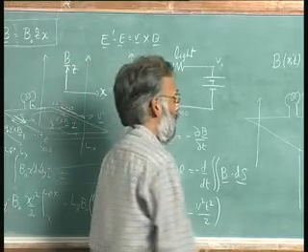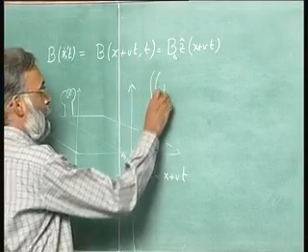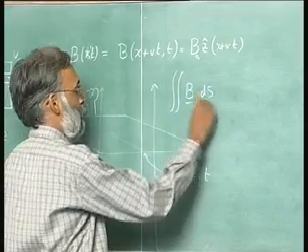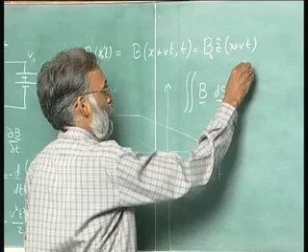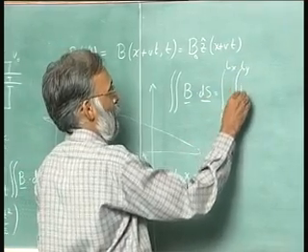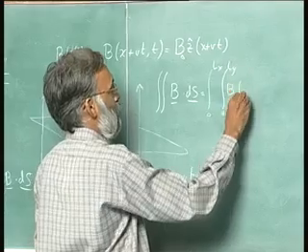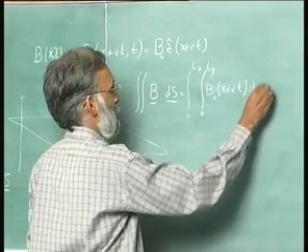Well, how can I do that? Let us calculate what the surface integral of B dot ds says. It is the integral from 0 to Lx, integral from 0 to Ly, of B naught times x plus Vt dx dy.